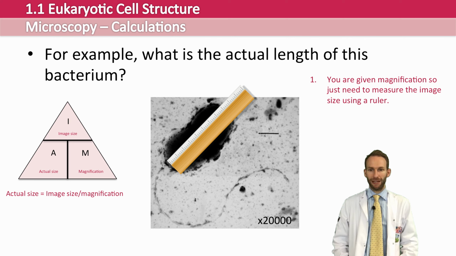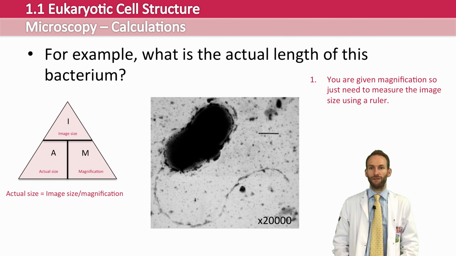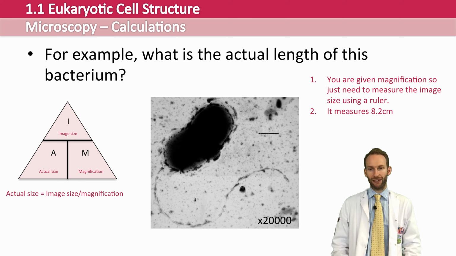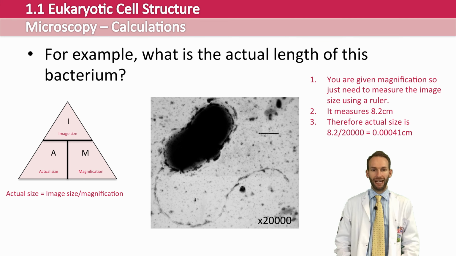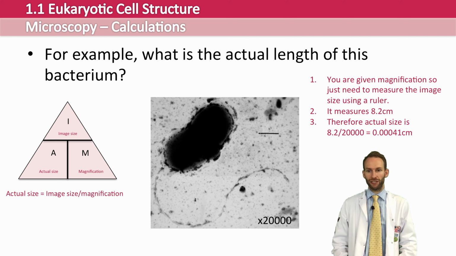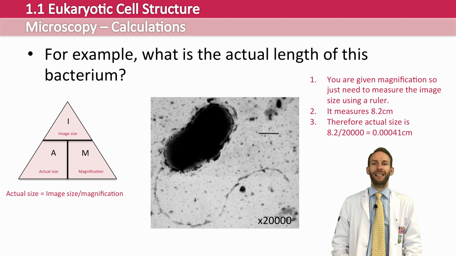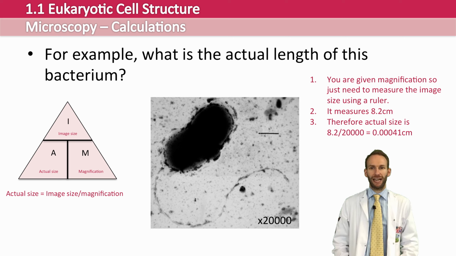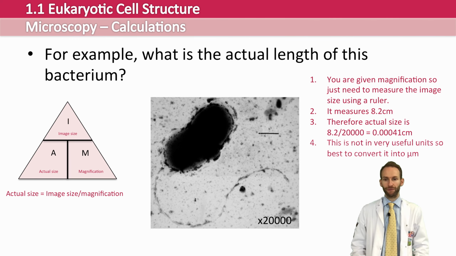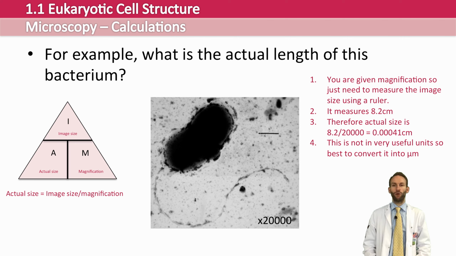In this case it measures 8.2 centimeters, so we take 8.2 centimeters and divide that by the magnification of 20,000, which gives us the actual size of this bacterium as 0.00041 centimeters. But that's not a particularly useful format to have the number in, so we're going to convert that into micrometers, and that will give us 4.10 micrometers. That is the size of this bacterium.